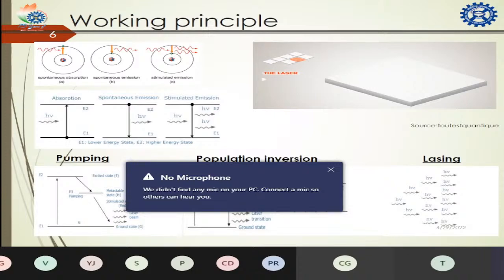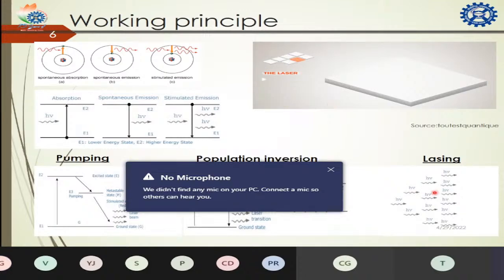The electrons accumulate here, so that more electrons accumulate in this state than in the ground state. As the lifetime goes on decreasing, it strikes more atoms and emits more energy.